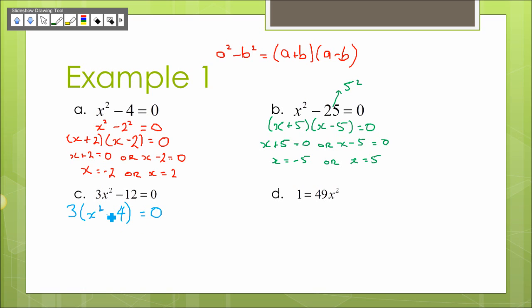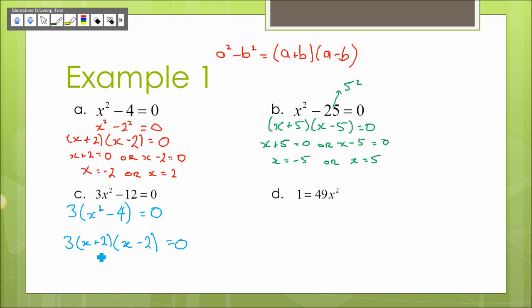Now suddenly the equation that's left over, well, it's exactly the same as 1a, x squared minus 4. And both of these terms fit in with the rule we discussed at the start, meaning we can factorize what's left inside to, like in the first part, x plus 2 and x minus 2. Now we don't need to worry about the 3 because this isn't part of solving the equation.